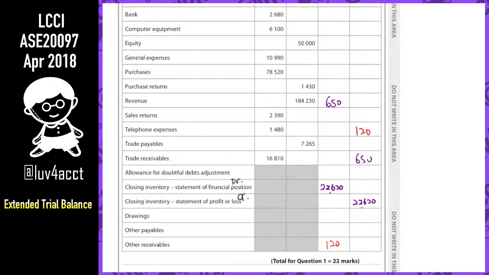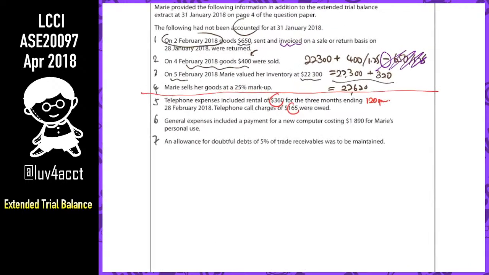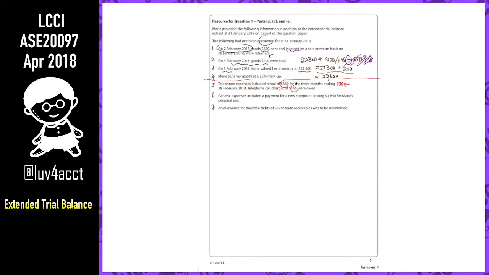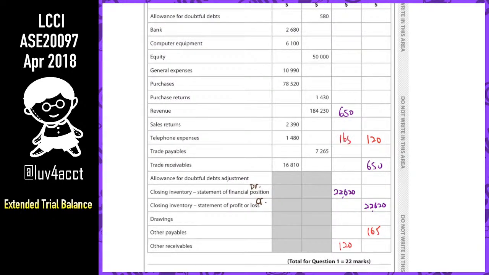Prepayment, and then we have 165 owed. So 165 other payables, and then 165 here.